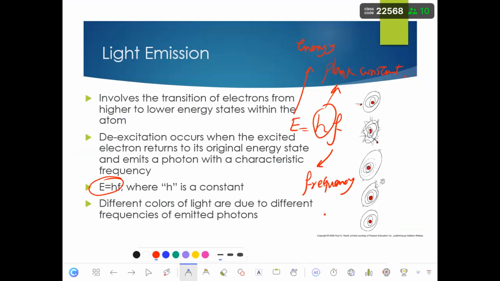Because we have colors in different frequencies, each color will carry a different form of energy. So because each color has its own energy level, we call these photons of energy, a quanta of energy. Different colors of light are due to different frequencies of emitted photons.